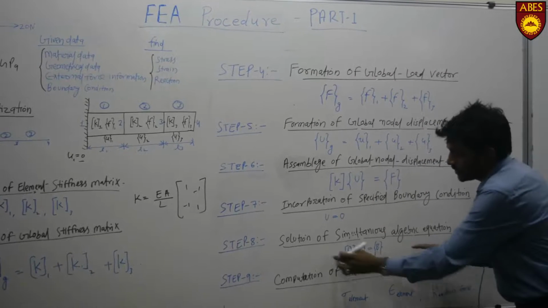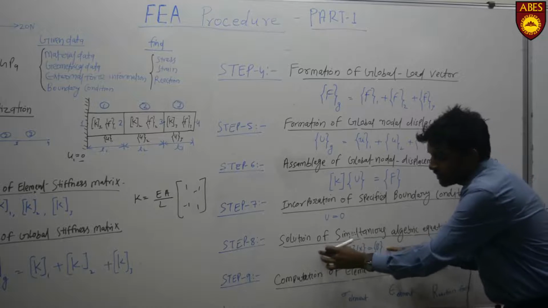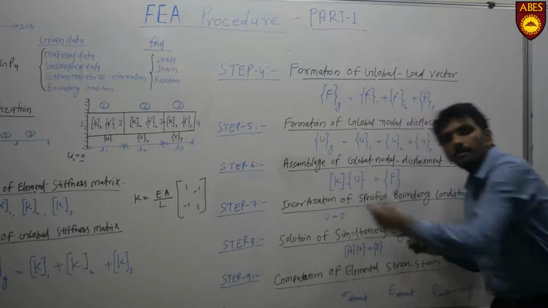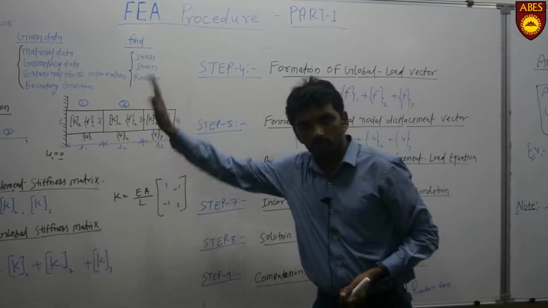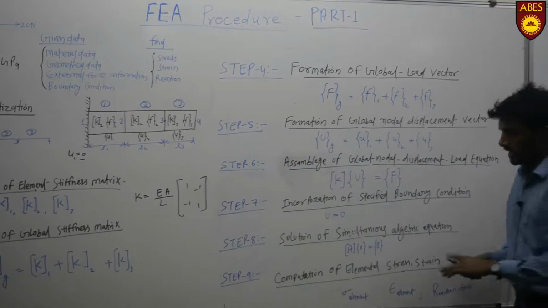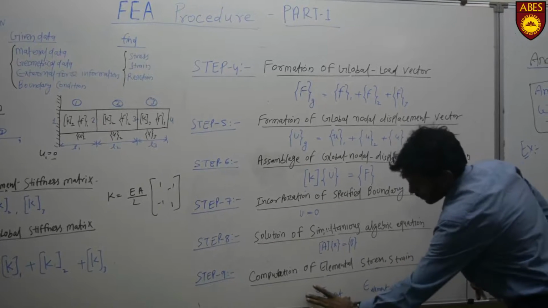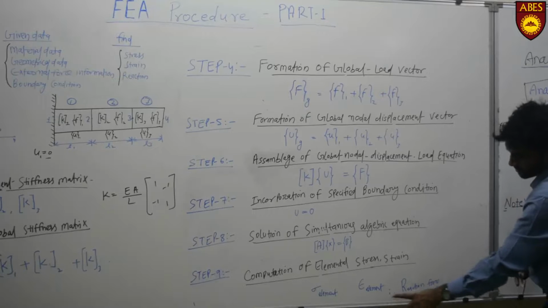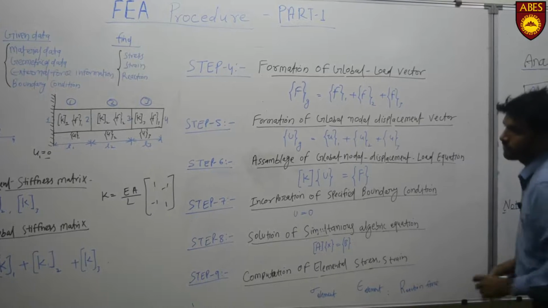Then based on that you are supposed to solve the simultaneous equations in terms of U1, U2 and U3, or maybe n number of parameters. Once you have figured out U1, U2, U3 and up to UN, you can use that information in the prescribed formula for solving stress on an element, strain on an element, or reaction forces at an element.